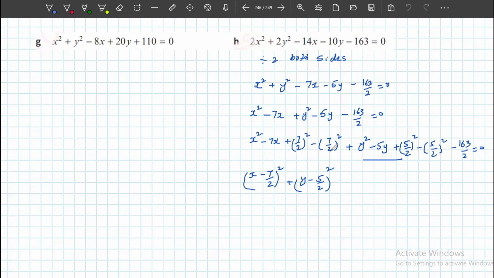Minus 7 over 2 whole squared gives us minus 49 over 4, and plus 5 over 2 whole squared gives us 25 over 4, and lastly, here it's also minus, okay? This is minus because we solved the first three. And then lastly we have minus 163 over 2 equals 0. So we just solve 49 over 4 minus 25 over 4 plus minus 163 over 2.